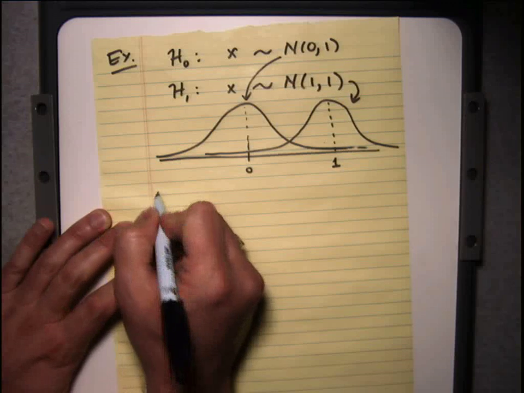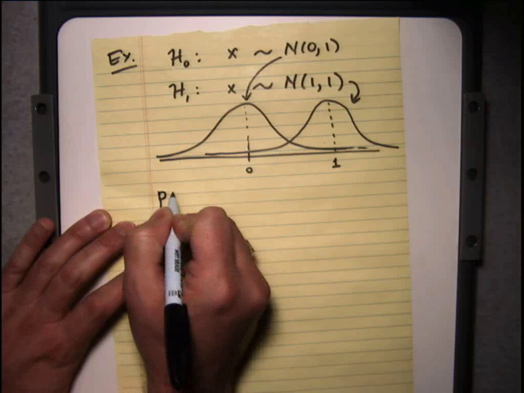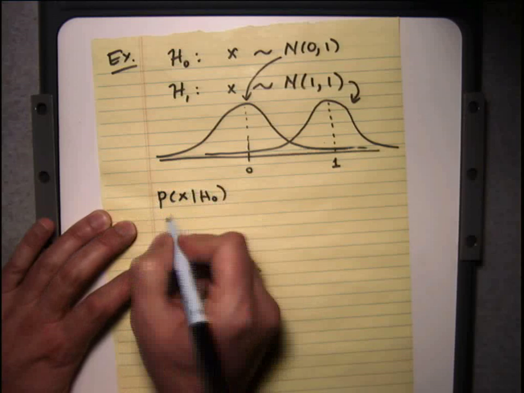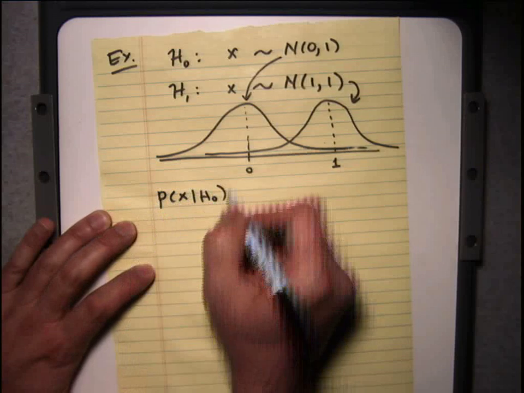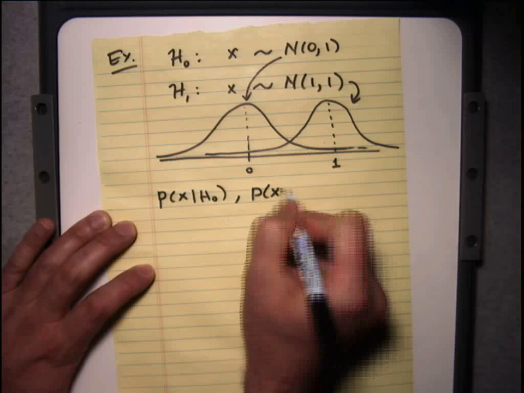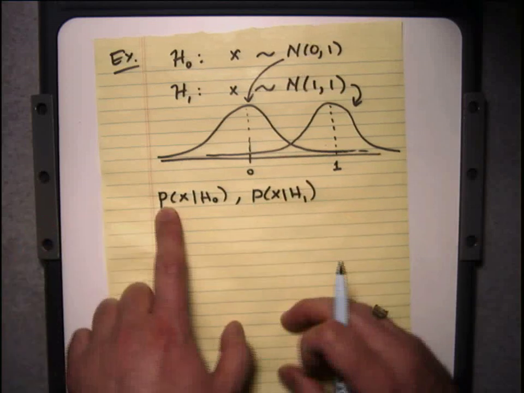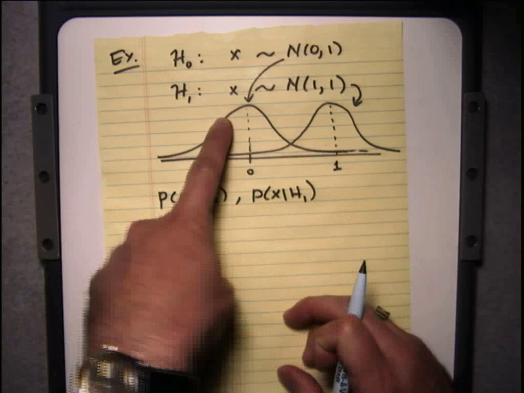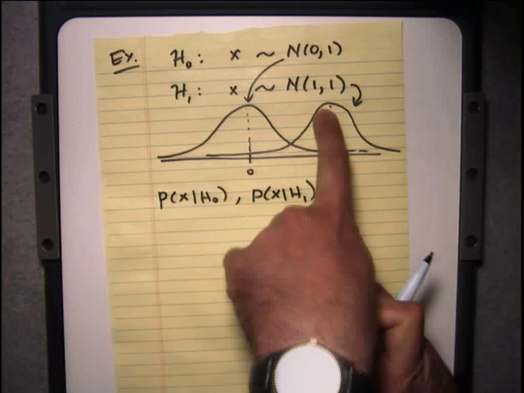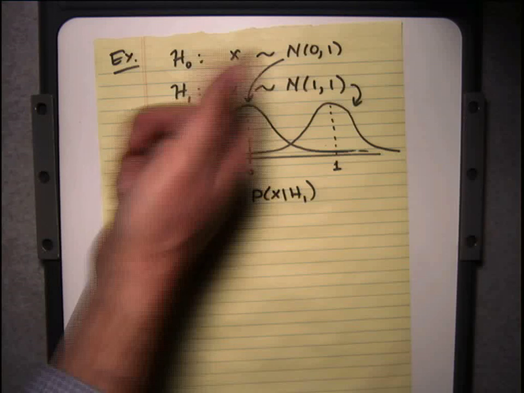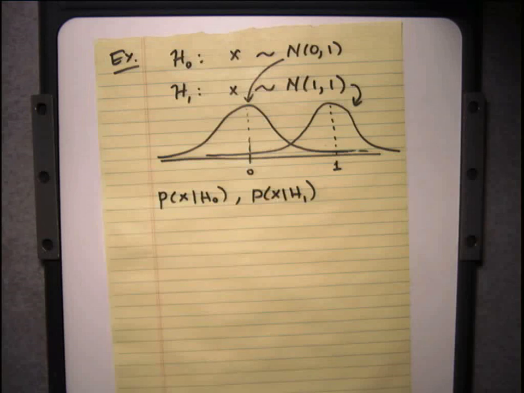What I've drawn are the probability densities: P of x given H0, and P of x given H1. This is the probability density for x given H0. This is the probability density for x given H1. All right, now I look at the value of x and I choose H0 or I choose H1.